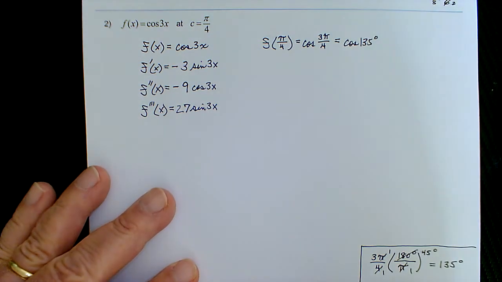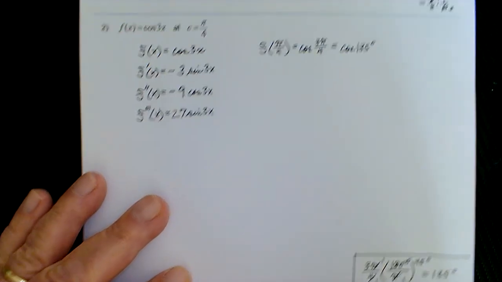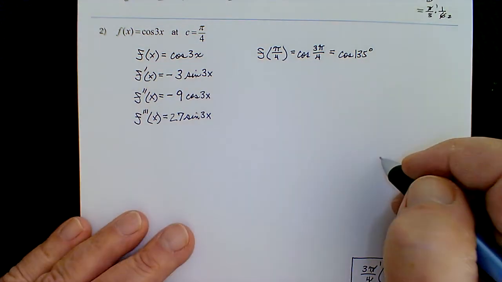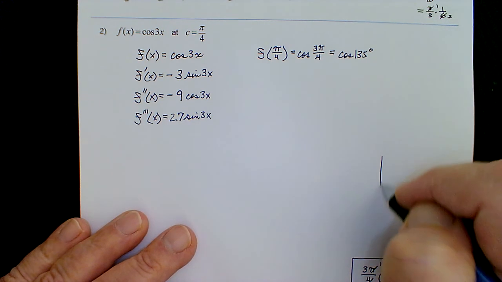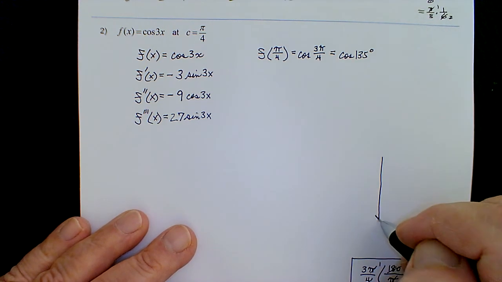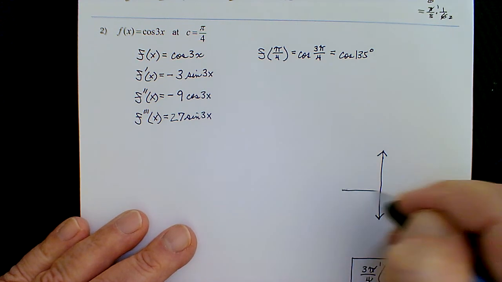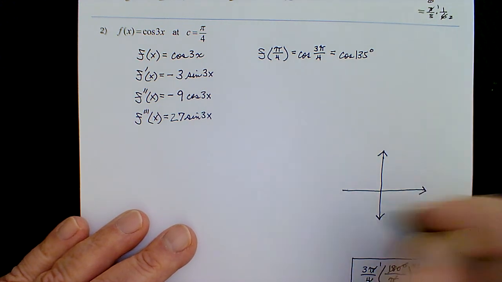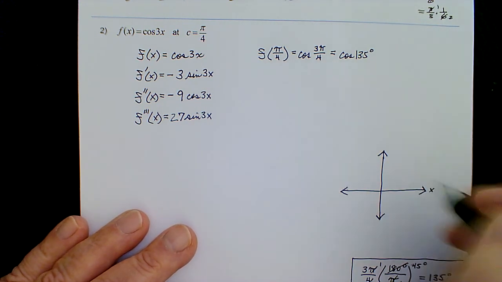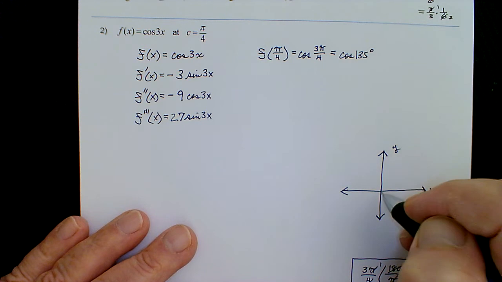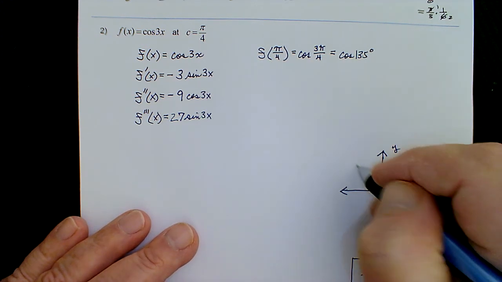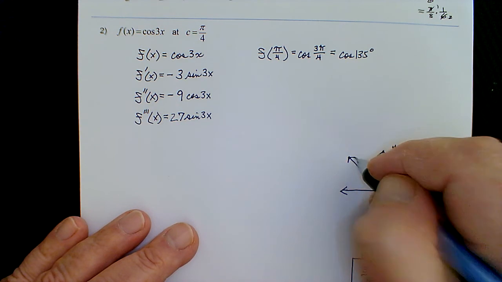Now we want the exact value, and so therefore I'm going to go down here, and for my exact value, I'm going to draw the Cartesian system. 135 is in the second quadrant, so just draw some terminal side in the second quadrant.